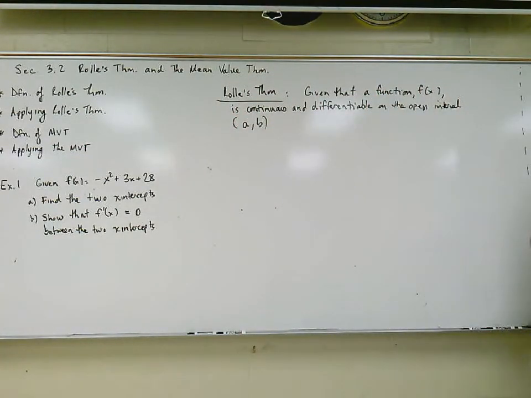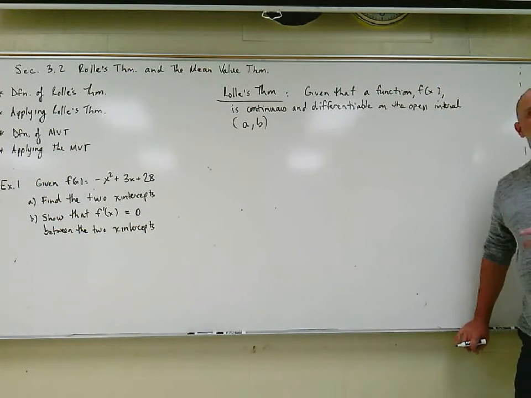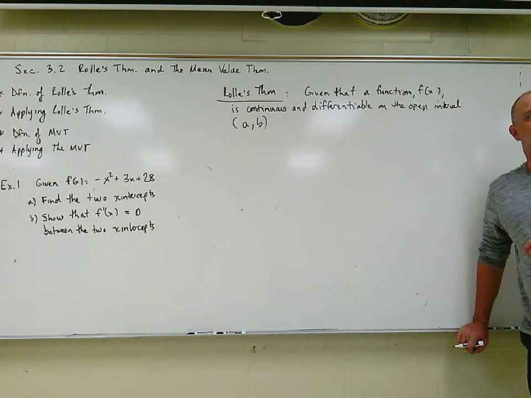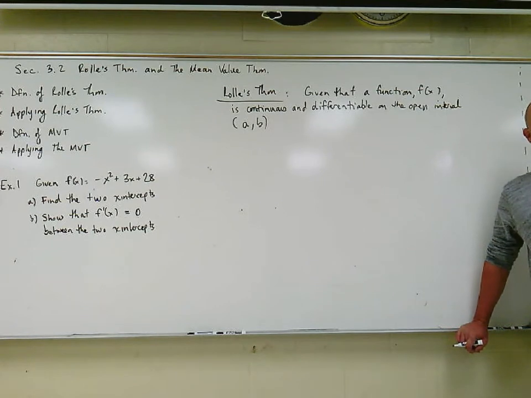Because I can't say differentiable on the closed interval, because you can't take the derivative at an endpoint. Okay, so it has to be on the open interval. But the function is continuous and differentiable. So continuous tells us on that interval, what does that mean if it's continuous? No breaks. Differentiable means there's no what? If it's differentiable on the entire interval, there cannot be any breaks, and what else can there not be? Sharp turns. That means you can take the derivative on the whole interval.